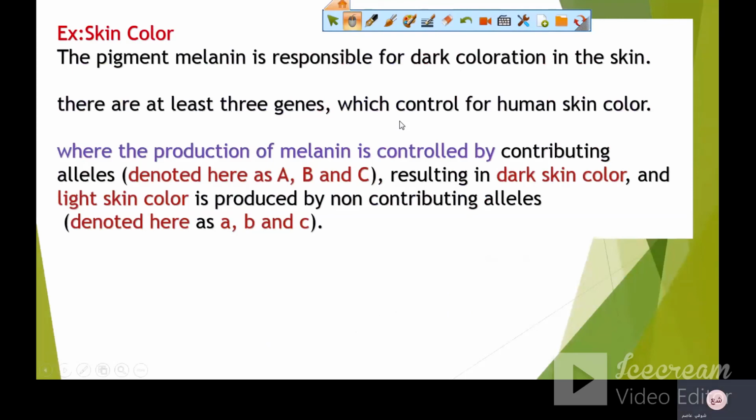The pigment melanin is responsible for dark coloration in skin. There are at least three genes which control human skin color, where the production of melanin is controlled by contributing alleles, denoted here as A, B, and C, resulting in dark skin color. Light skin color is produced by non-contributing alleles, denoted here as a, b, and c.